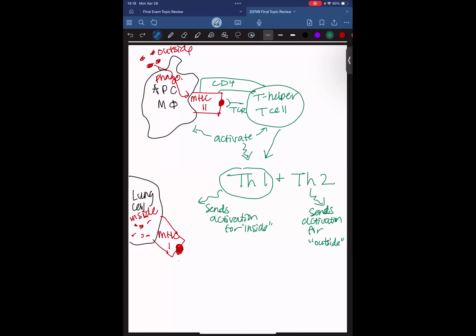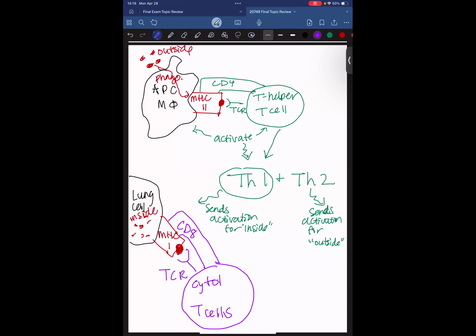Then next, our T cell receptor, let's put them in a different color. If this is MHC1, what molecule interacts with MHC1? CD8, exactly. So this is a T cell also, because T cells always respond to MHC, but what kind of T cell has CD8 on it?